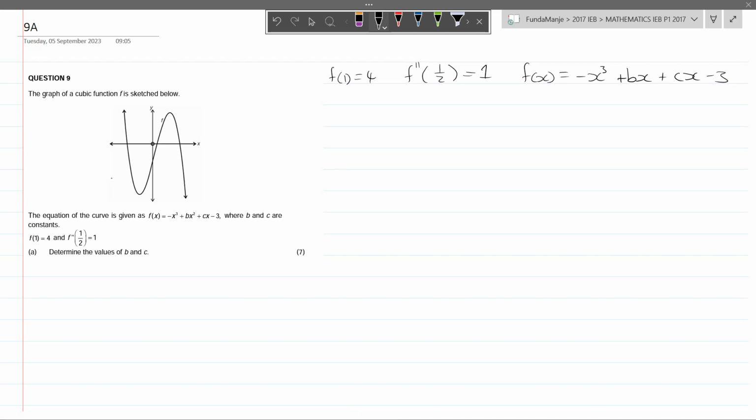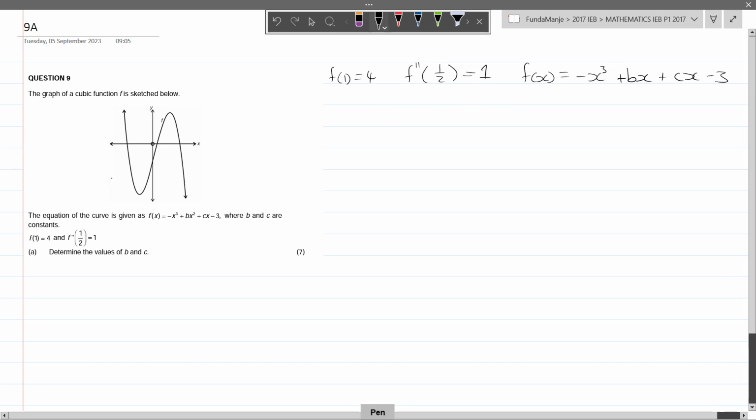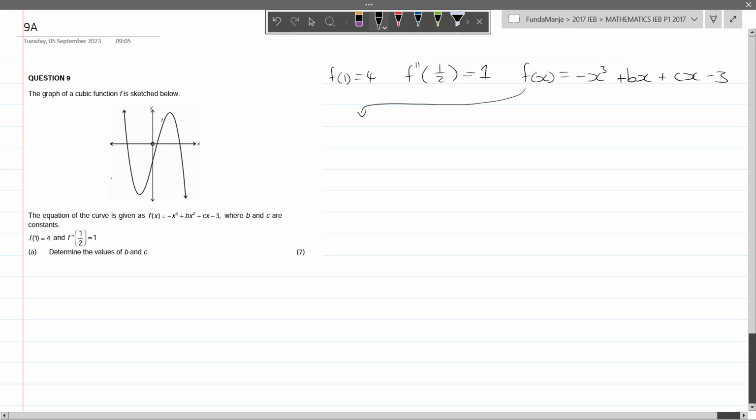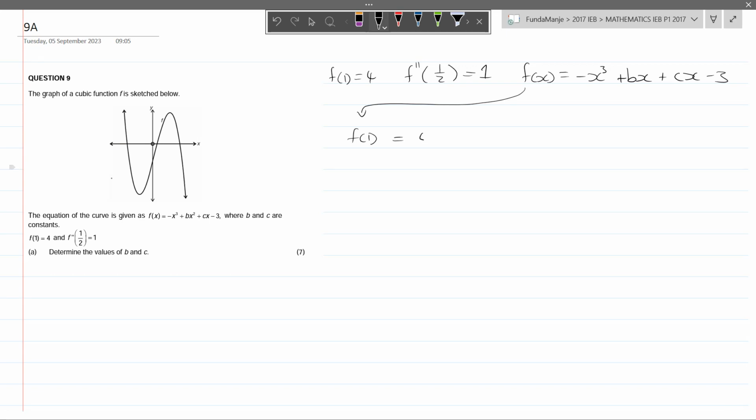So first off, let's start by substituting the point we are given, that is x is 1 and y is 4. I'm going to be working with that formula here. So f of 1 is equal to 4. It means I'm going to replace x with 1.